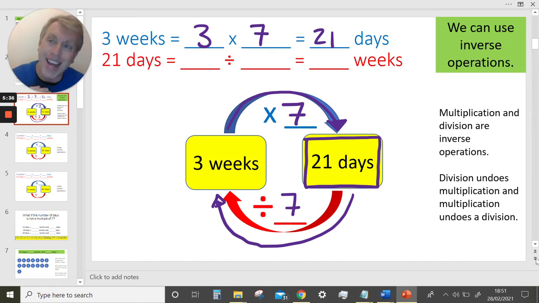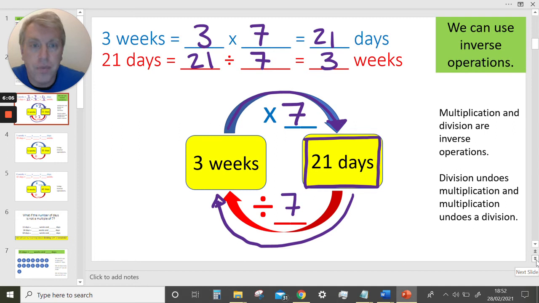How many groups of 7 are there in 21 days? So 21 days divided by 7 makes 3 weeks. Because we're really saying 21 days, how many weeks of 7 days in each week? And it is 3. 21 divided by 7 is 3.